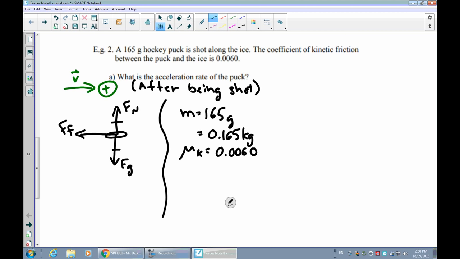And in the end, we want to find acceleration. But once again, we know that if we want to find acceleration, we can't do it directly right now. We need to find net force first. And in fact, we're not even quite at the stage where we could find the net force, because we know one of our forces involves friction, and we're not actually told how much friction there is.